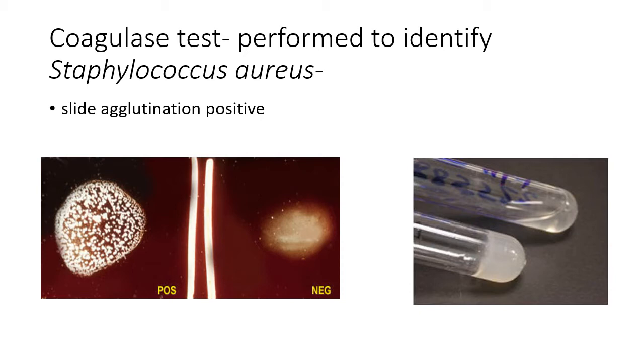So what we do here is that we take a drop of plasma, and in the drop of plasma we emulsify Staph aureus colonies, or we can do it another way, that we take saline and in the saline we emulsify Staph aureus.